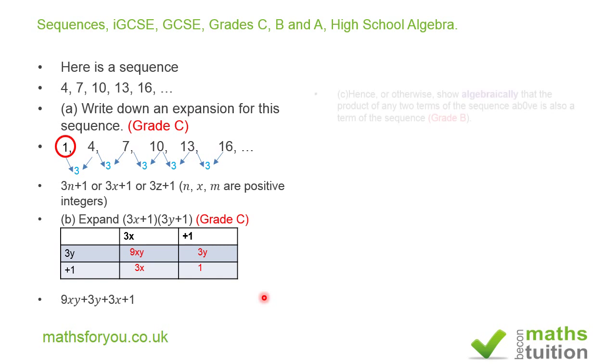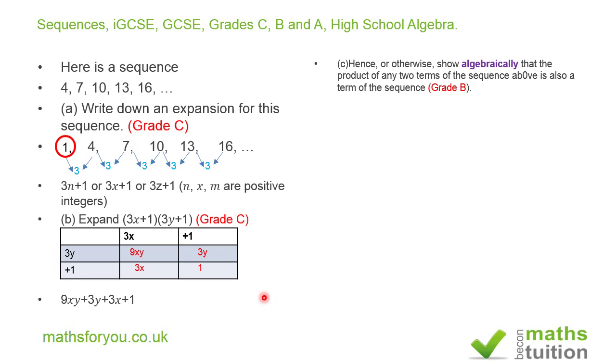Now, for the third one, which I think is a bit more difficult, grade B, it says hence or otherwise. Hence, that implies we can use the same principle that you use in part B. Okay, so it says hence or otherwise, show algebraically that the product of any two terms of the sequence above is also a term of the sequence.